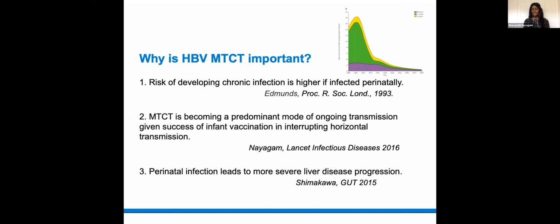But what we found is that because of the successes of infant vaccination in interrupting horizontal transmission, mother-to-child transmission is becoming a predominant mode of ongoing transmission. And this figure on the top right hand shows that even though all transmission is falling, the residual new infections are mother-to-child. And therefore, it is an important means if we want to reach elimination.